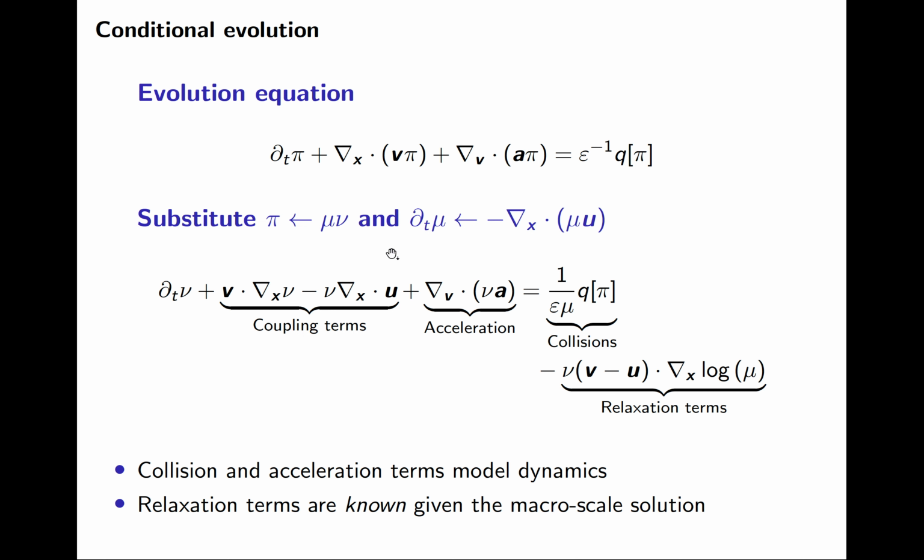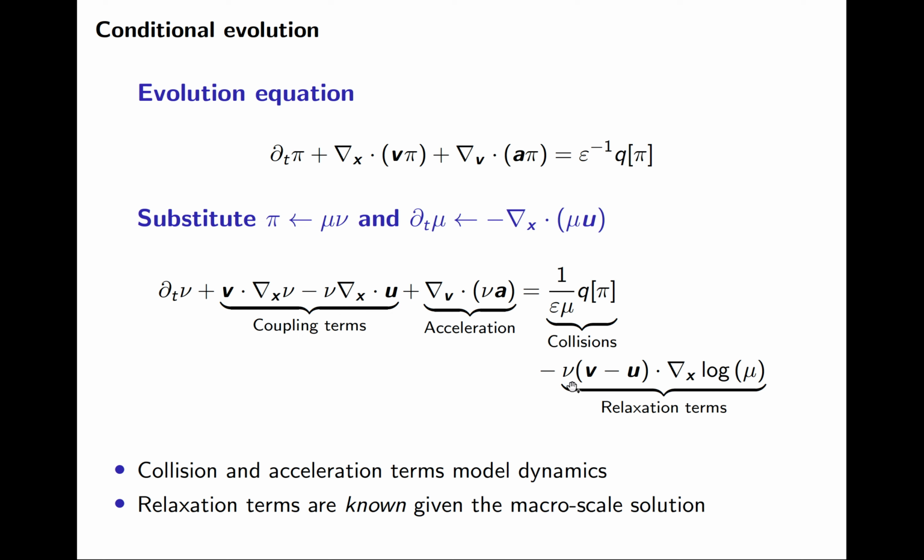So given these substitutions and plugging them into this evolution equation, we end up at this conditional evolution equation, which says how this function, this probability density function, nu will evolve. And it has these four terms here. The first is the relaxation term, right? And the relaxation term basically penalizes deviation from the expected velocity u.